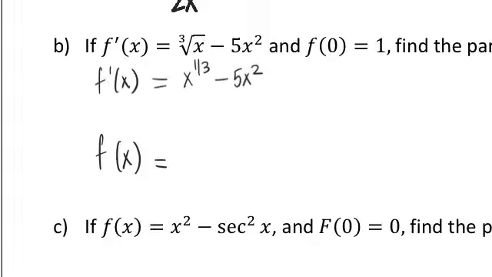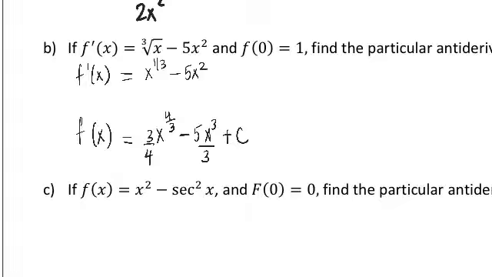So then the antiderivative, piece by piece, we're going to add 1 to the 1/3 to get 4/3, and then flip that to multiply out front by the reciprocal. And then the minus 5 is a constant, so it will carry through, and then x cubed over 3 plus c, right? This is the general antiderivative.